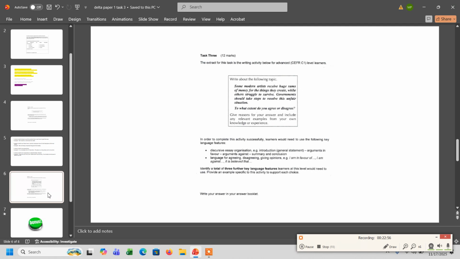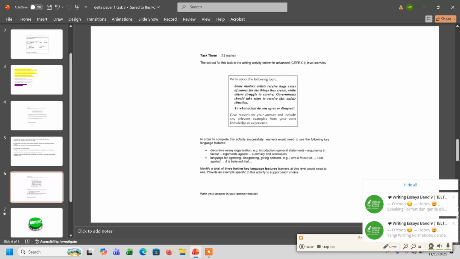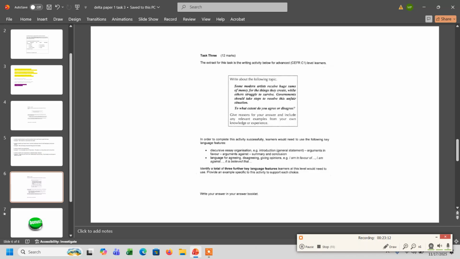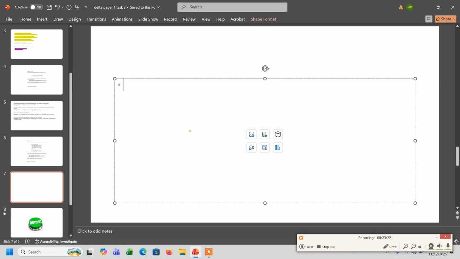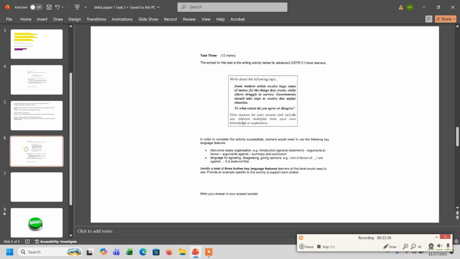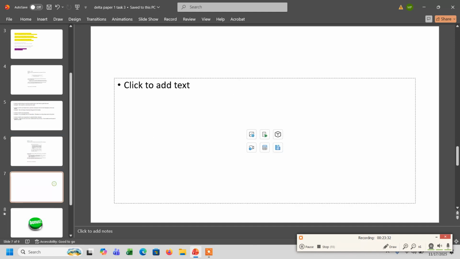Well, okay, so if I have to write this down as a C1 level learner, I would say, like, although some artists earn vast amounts of money, others barely make a living. So I need to use the complex grammar structure, right? So I will write it down. So not think as a Delta exam candidates. Think everything as a given learners levels.